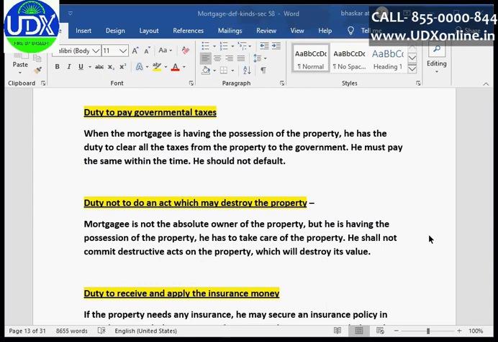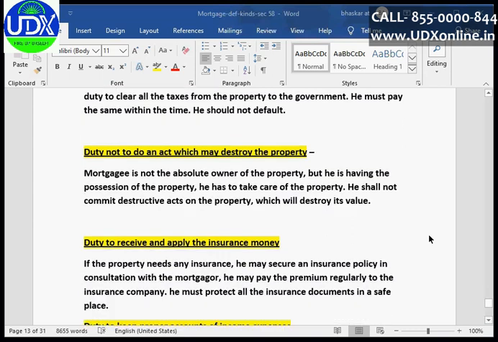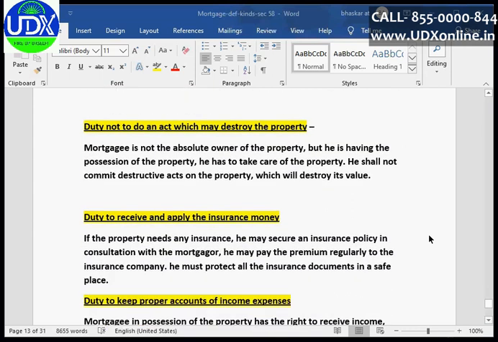Duty to receive and apply the insurance money. I think we have the insurance business, insurance laws. Generally in our country, there is life insurance. There are many life insurances.